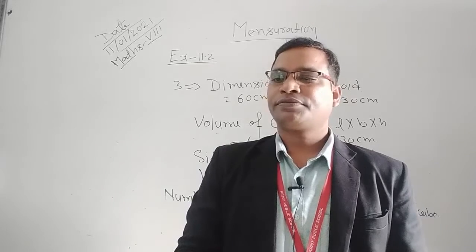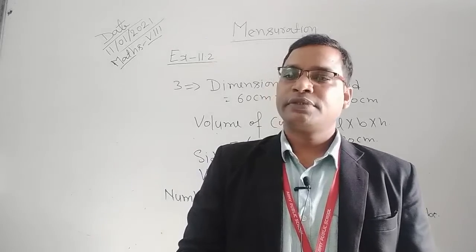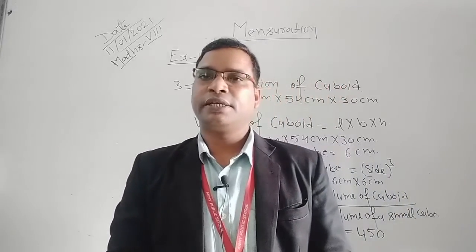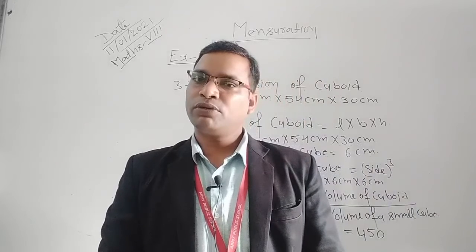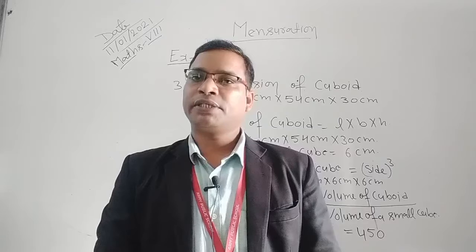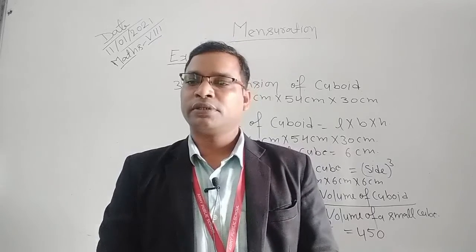This is clear. So here we need to find the height of the cylinder, whose volume is given, 1.54 meter cube, and the diameter of the base is also given, 140 centimeter.